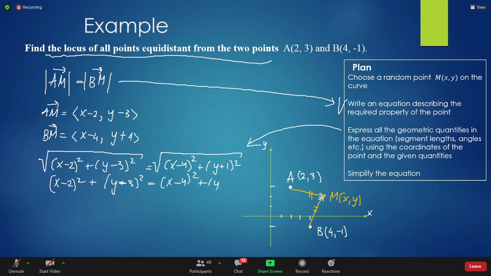Let's open the squares. x squared minus 4x plus 4 plus y squared minus 6y plus 9. I would expect you to know these basic formulas, really. This is from the 7th grade. You should know them. x squared minus 8x plus 16 plus y squared plus 2y plus 1.